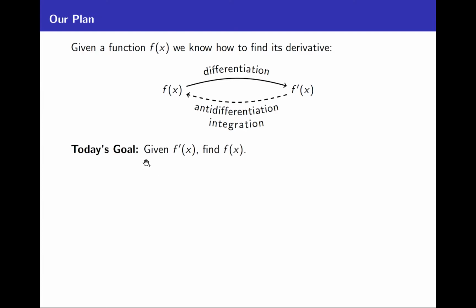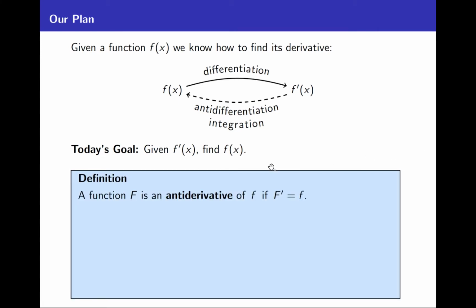Our goal is, given f prime of x, find f of x. If you know a derivative of a function, and maybe you've forgotten that function, can you go backwards and find that function whose derivative you know? That's our goal.